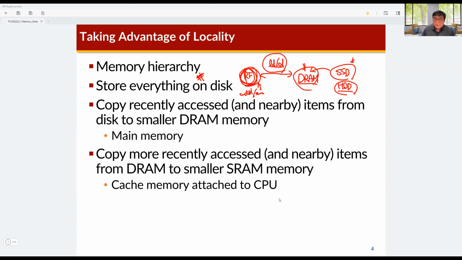So memory hierarchy means that there are different types of memories in the computer systems, and these different kinds of memory systems have hierarchy, that means different levels of usage.